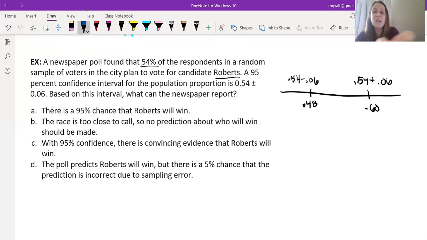Okay. So if he's winning, then I would be essentially above 50%, right?